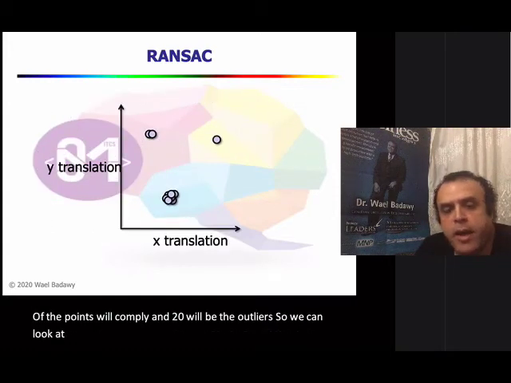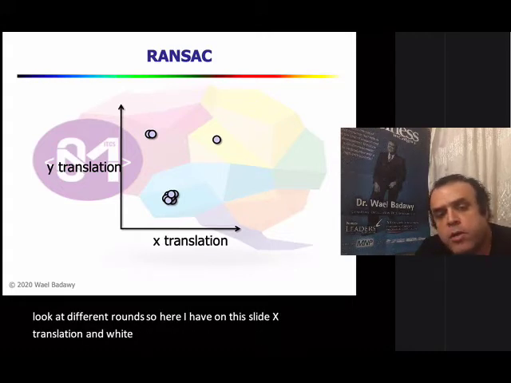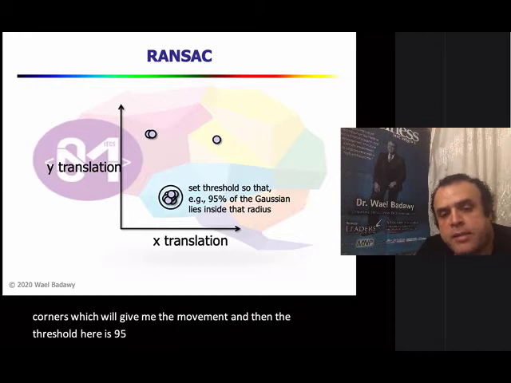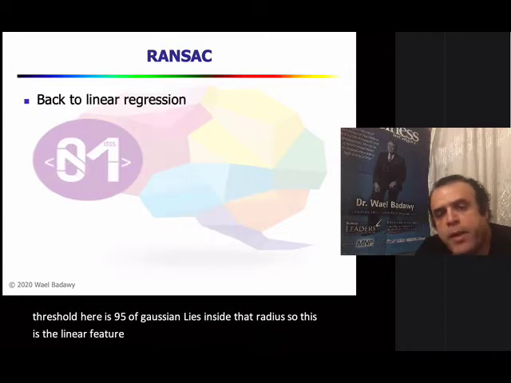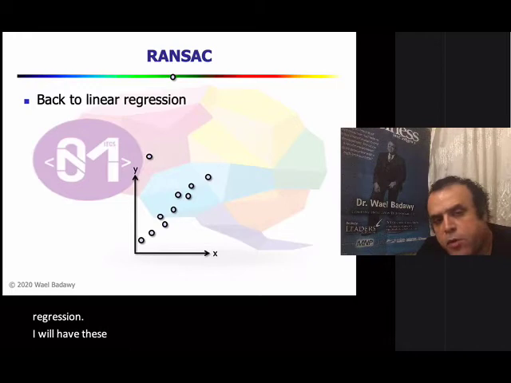So we can look at different rounds. Here on this slide I have X translation and Y translation, and I will be looking for the corners which give me the movement, and the threshold here is that 95% of the Gaussian lies inside that radius. So this is the linear feature which will move. Back to linear regression, these are the distribution of different corners.